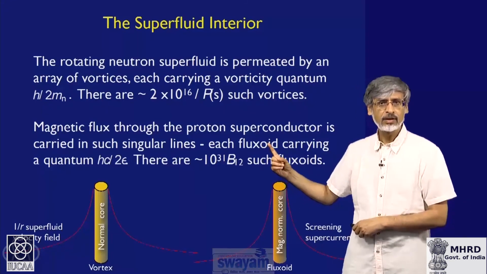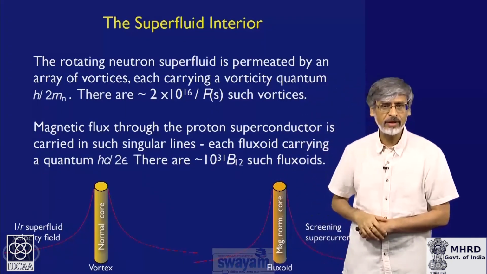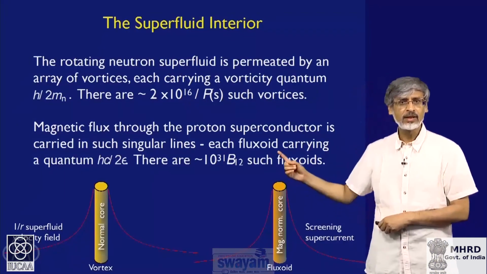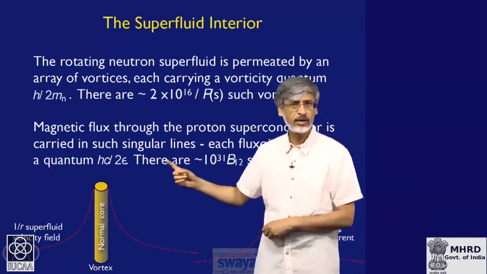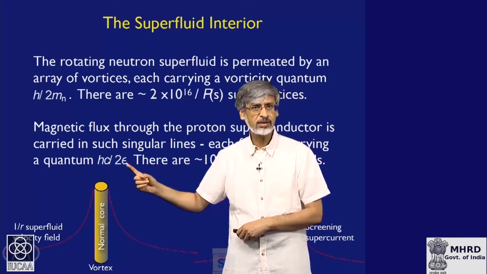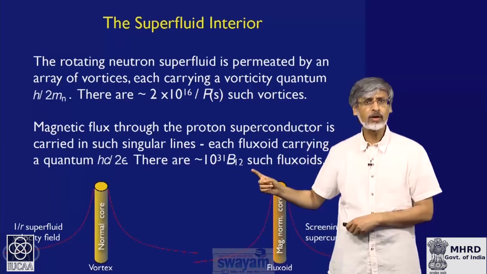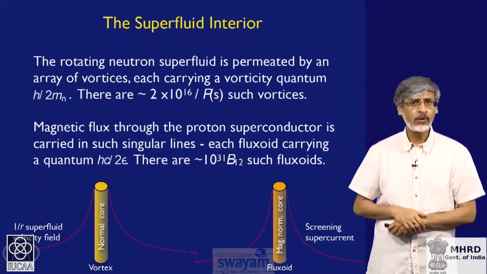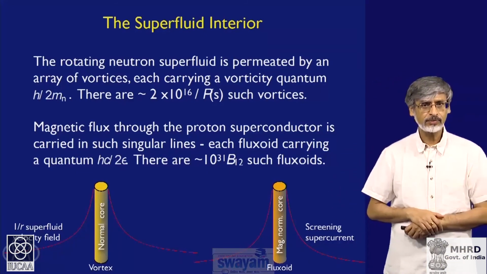So, the proton superconductor carries the magnetic field threading the interior in fluxoids, each fluxoid carrying a quantum of flux which is hc by 2e, and there are about 10 to the power of 31 such fluxoids for a magnetic field of 10 to the power of 12 Gauss.